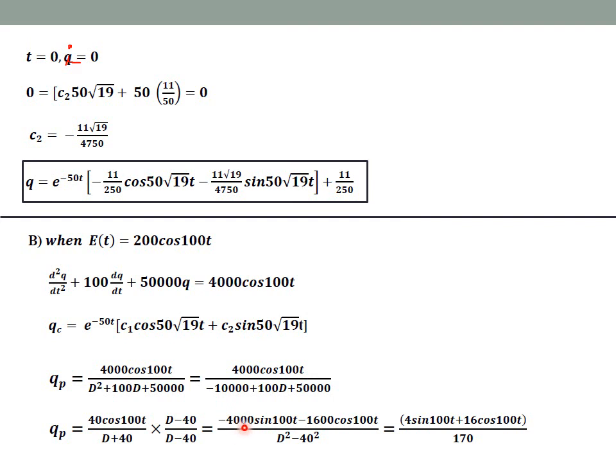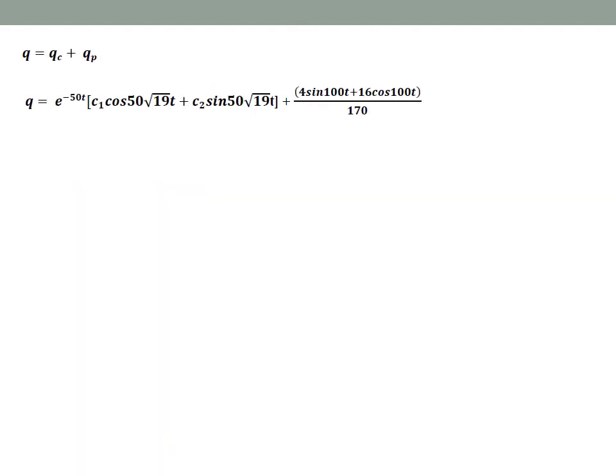Then when I multiply this term to both the terms, d into 40 cos 100t will give me differentiation. Differentiation of cos 100t is minus sin 100t into 100. So 40 into 100 will give me 4000 sin 100t, minus 40 into 40 is 1600 cos 100t. So finally q equal to qc plus qp. I have written what is qc, what is qp.